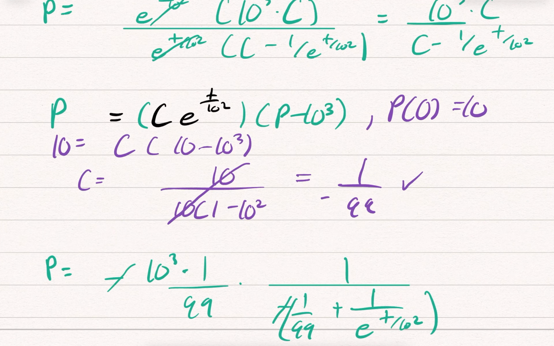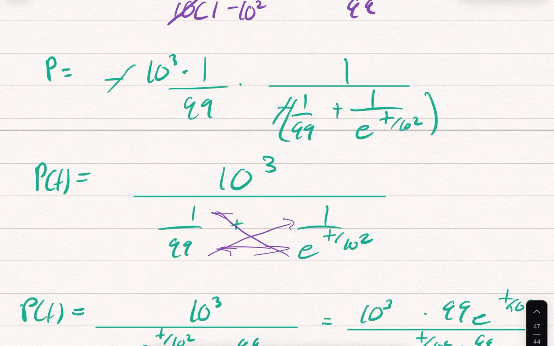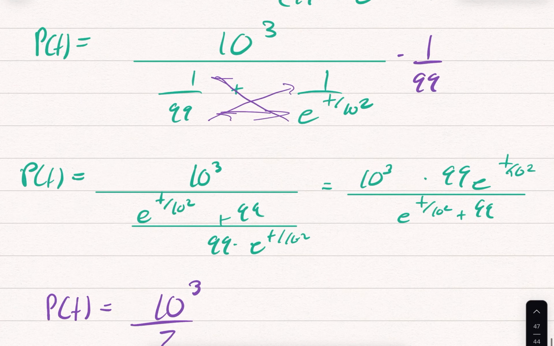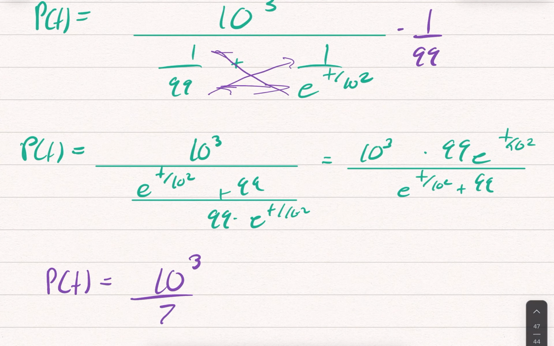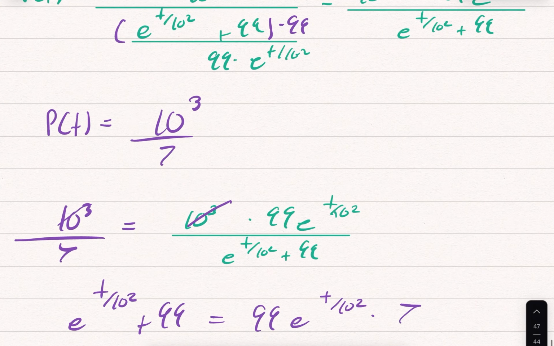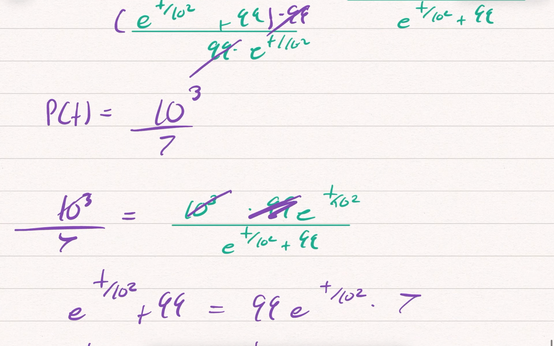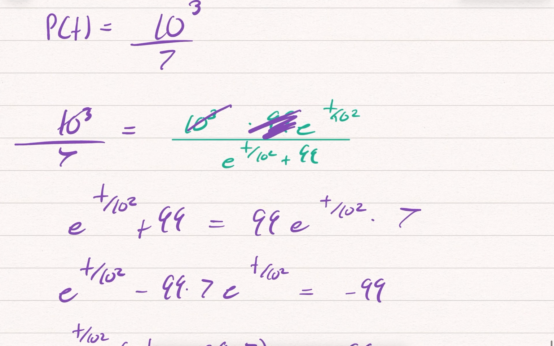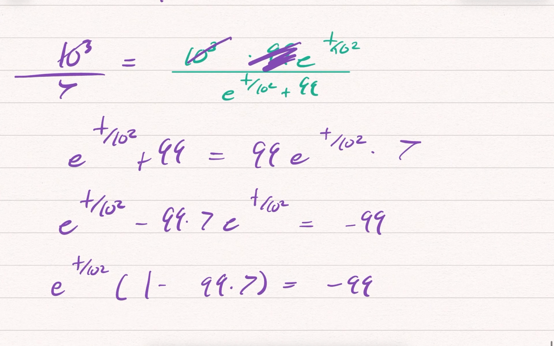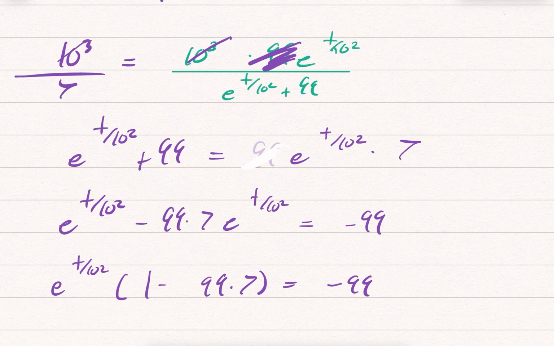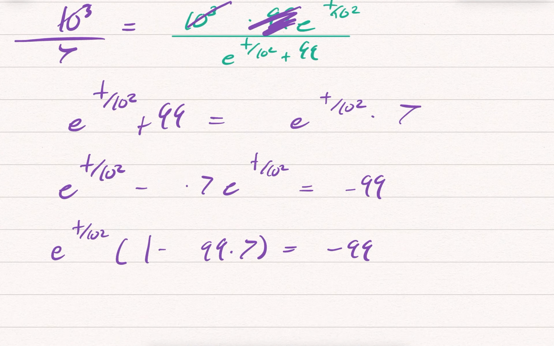So I had this. I just forgot to keep the 1 over 99 here. That was it, because then when you multiply everything, you're going to get times 99. You could just not even do that, just keep that like that, and then you won't have this here. Then you multiply that up and you won't have this 99 anymore.